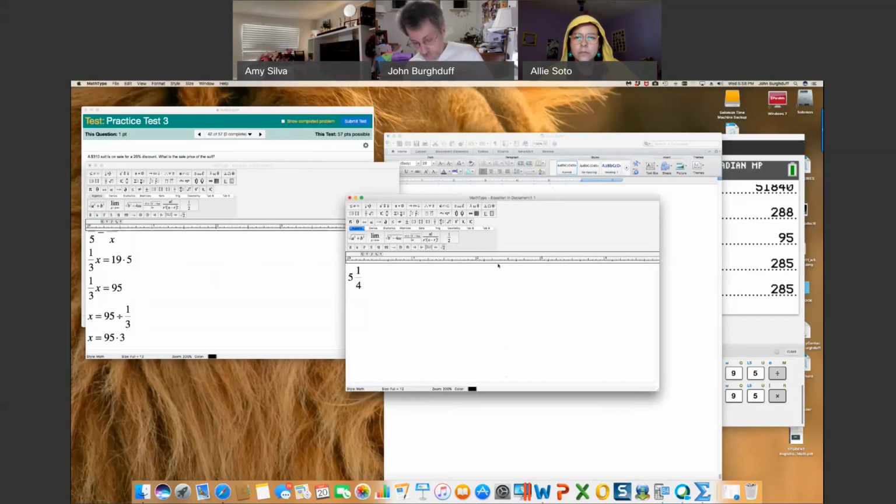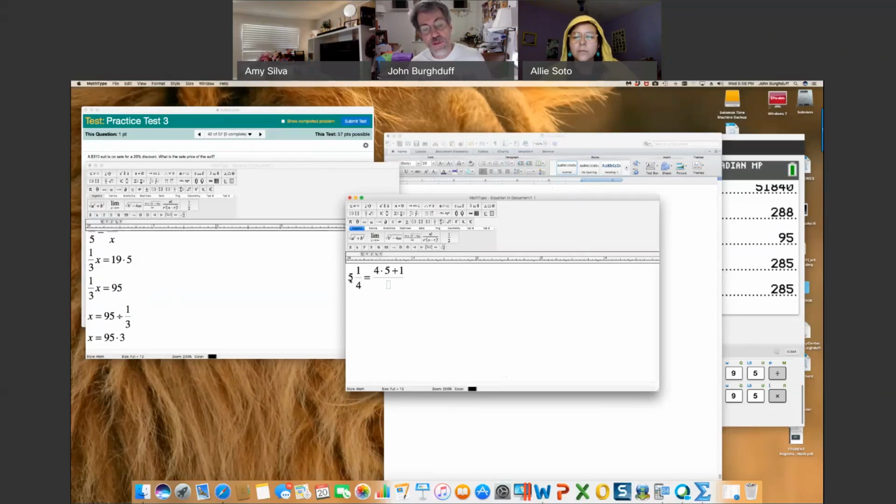Now, the way that works, the process is pretty simple. What you do is you take the denominator, you multiply it by the whole number, and you add the numerator. So it would look like this. You'd say 4 times 5 plus 1.